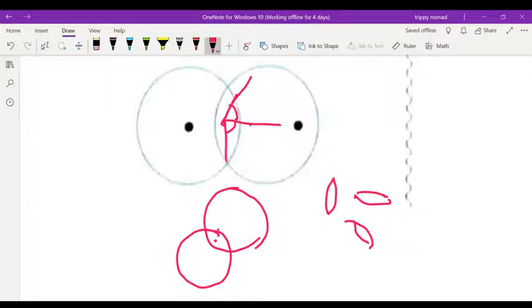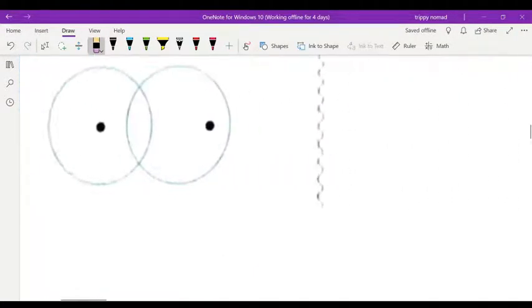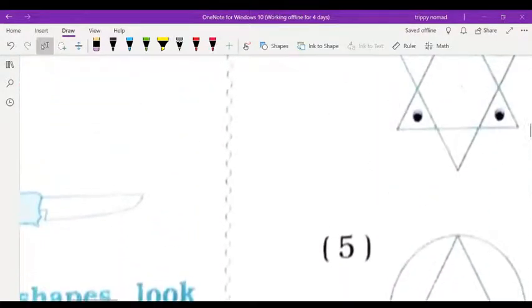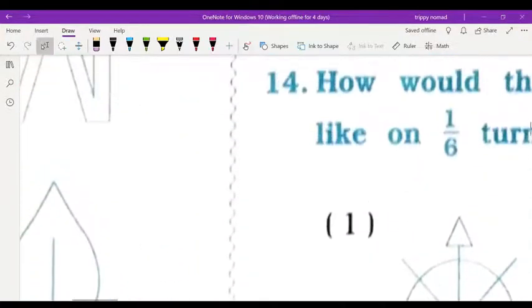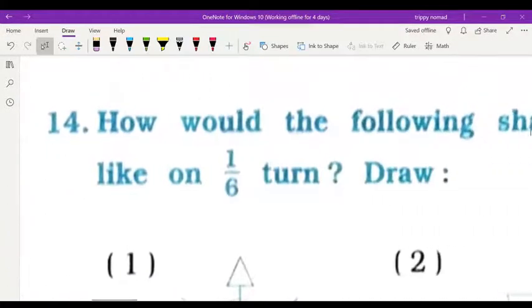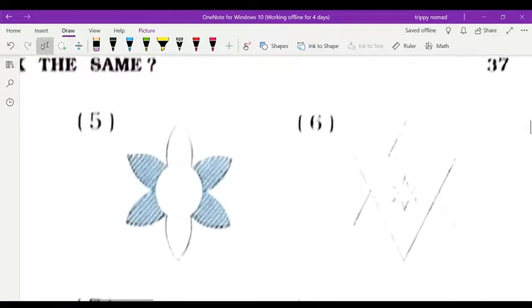I hope you understood. Now the next one, children, same way you can complete. Otherwise, let us discuss a few more. Yes, this one also. Children, here these two petals of flowers are drawn, and these two are not shaded.